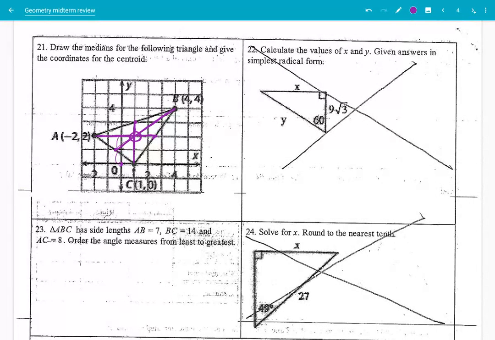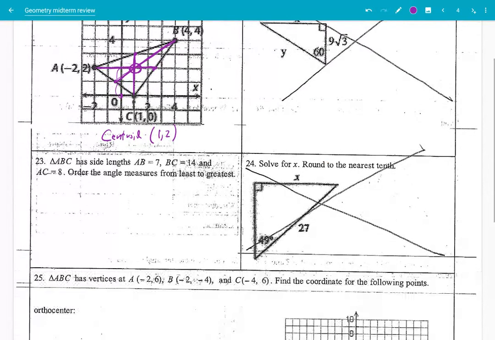Yeah. So 1, 2. So the centroid is at 1, 2. All right.